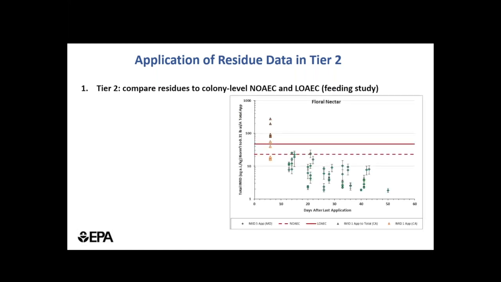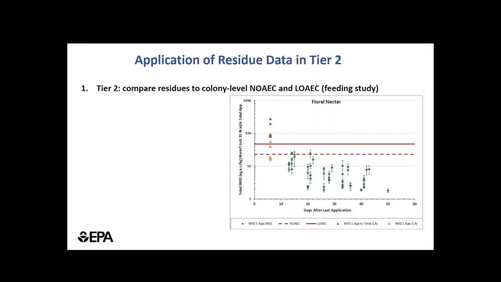And so in this plot, again on the y-axis is the concentration of a pesticide in floral nectar. This is for cotton, and the x-axis again is the time, or the days after application. In this case, the solid red horizontal line represents the LOAC from the colony feeding study, and the dashed line represents the NOAC.